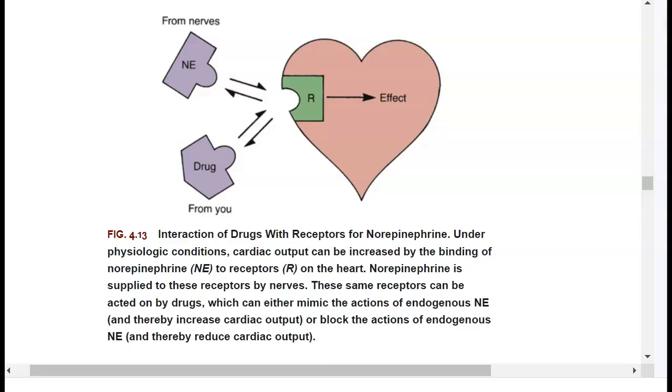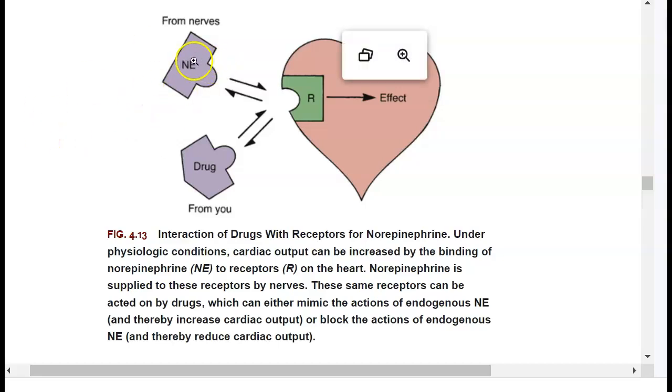These same receptors can be acted on by drugs, which can either mimic the action of endogenous norepinephrine, and thereby increase the cardiac output, so they're going to add to norepinephrine activity, or they block the action of your endogenous norepinephrine and reduce your cardiac output.